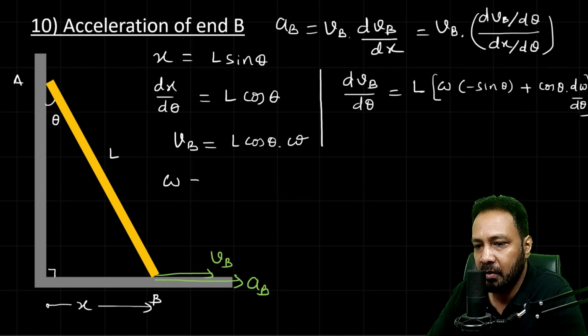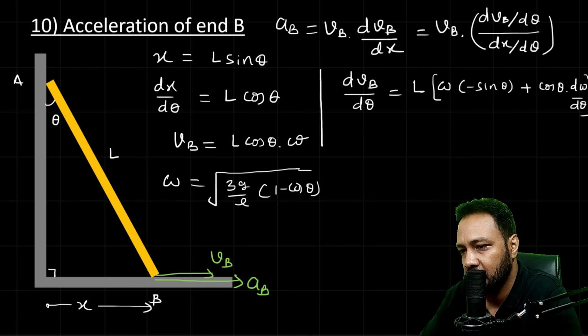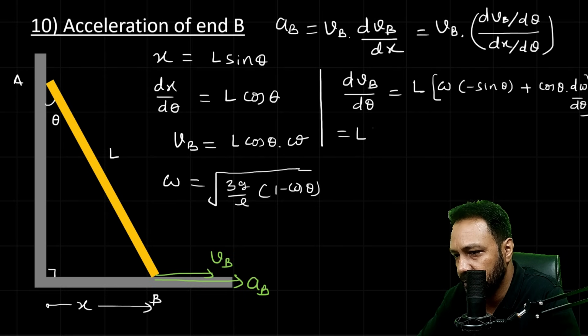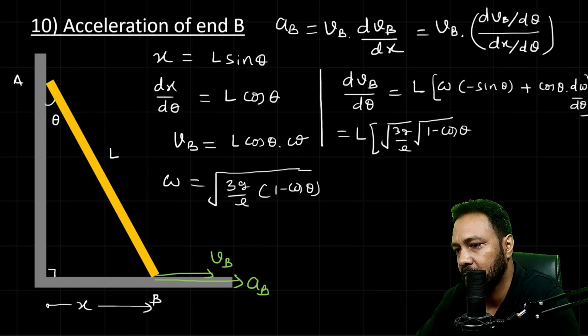And omega we had got as square root of 3G by L into square root of 1 minus cos theta. So here L, and inside the bracket that is the square root of 3G by L into again the square root of 1 minus cos theta.